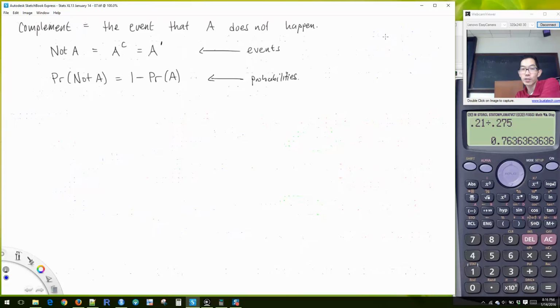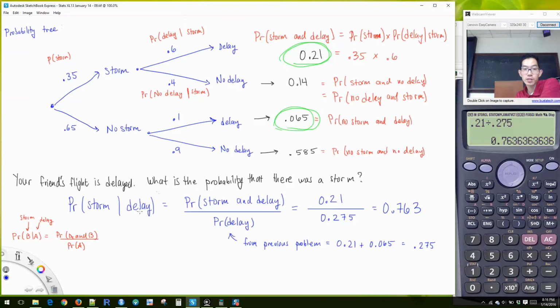Over here, this is if it's known that the flight is delayed. Just imagine you're at the airport and you look at the sign and it says the flight's been delayed. The question now is, what was the probability that there was a storm? So we're trying to reverse engineer whether there was a storm or not. So that's a different question.